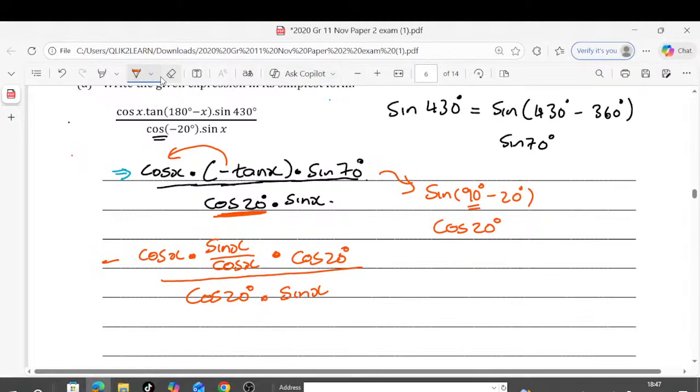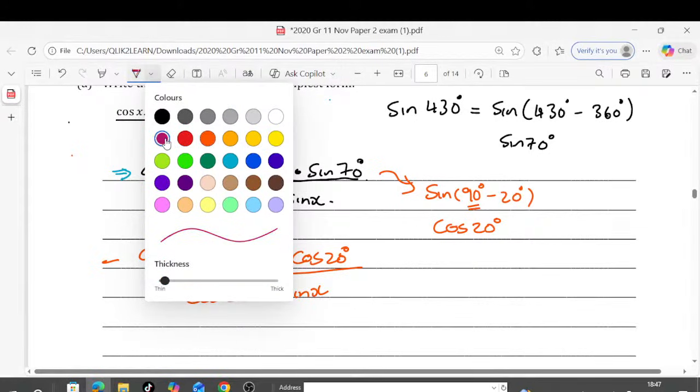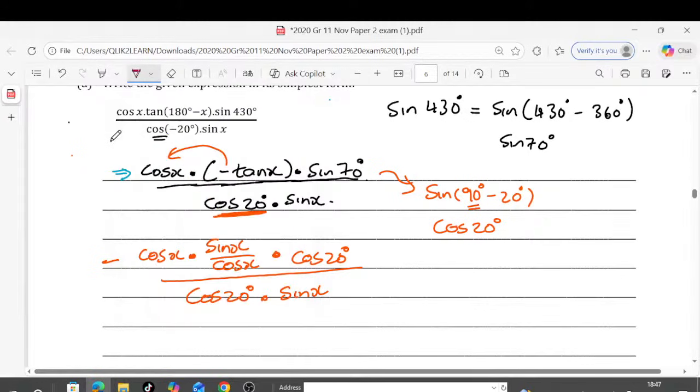Let's see if we have like terms that we can cancel. Yes, we do. Because this is multiplication, this cos cancels. I'm left with sine over sine. So this is negative. The sine x over the sine x cancel, and this will give us just minus 1. This is simplified.